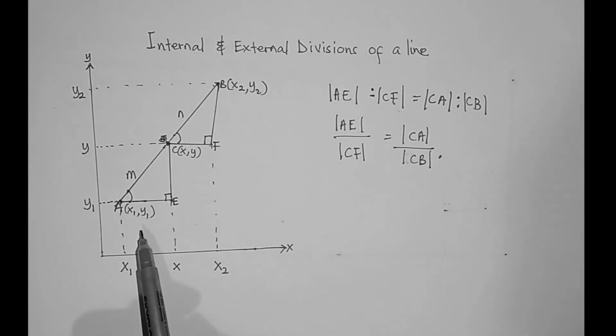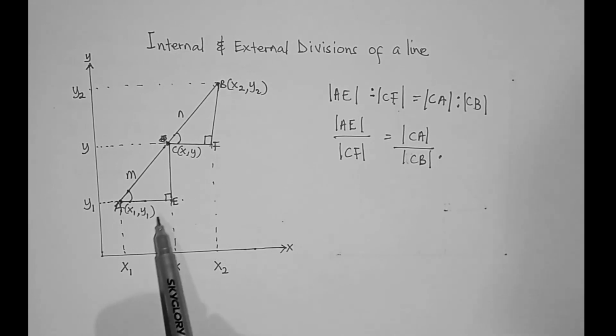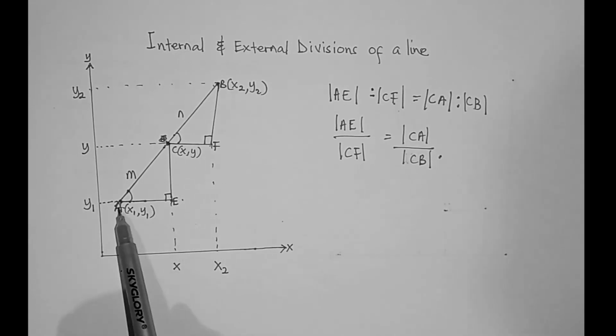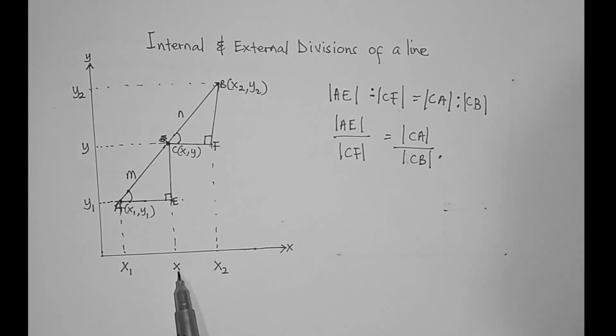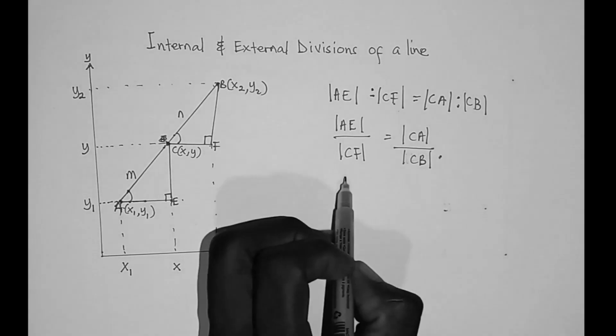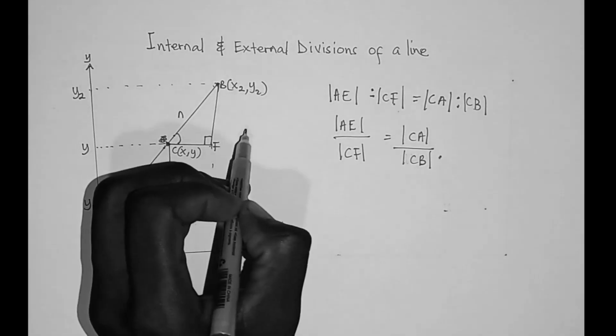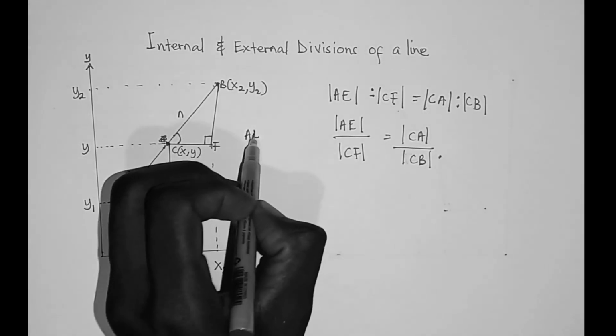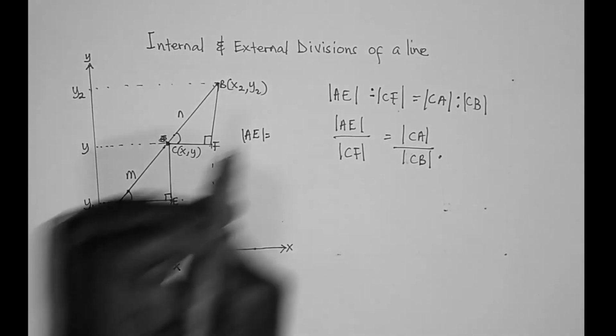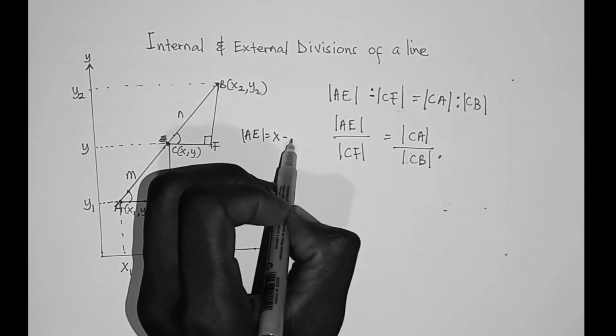What is AE? AE is this length. What is the length between A and E? You see that E is x and then A is x1. So the length of AE is x minus x1. So AE is equal to x minus x1.